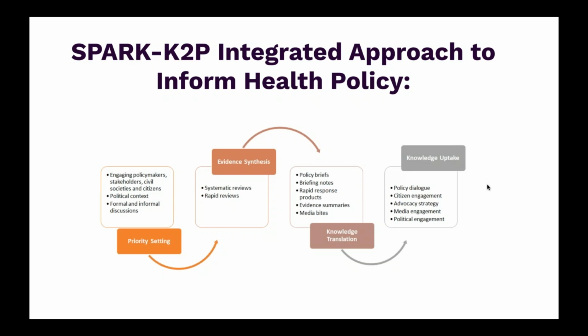A key point is engaging stakeholders and taking into account the political context, through formal and informal discussion, and this is how we come up with the priority setting. Based on this, we choose the PICO question. We conduct our evidence synthesis, and then we move to knowledge translation.